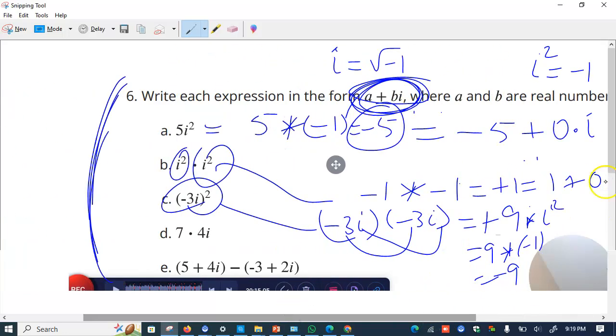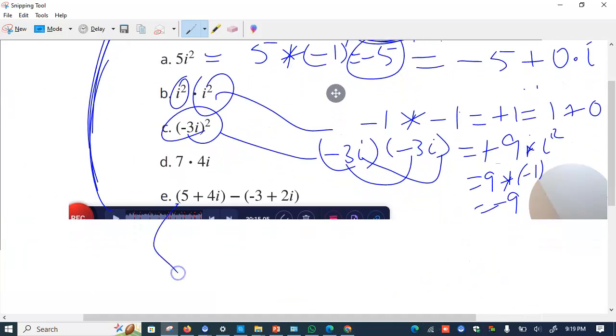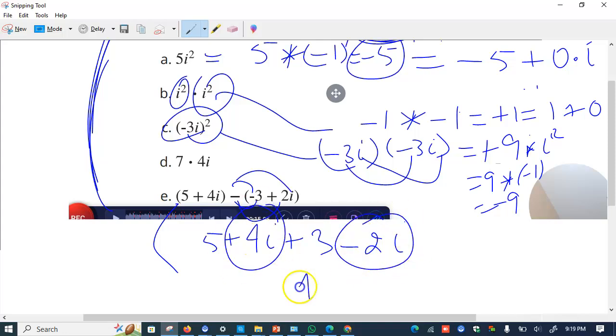Okay. And the last one, we'll have to distribute this. This becomes 5 plus 4i, and 2 negative becomes +3. This and this become negative and 2i. But then these two pieces will give you 4 minus 2i, and this will give you 8, and you are done.